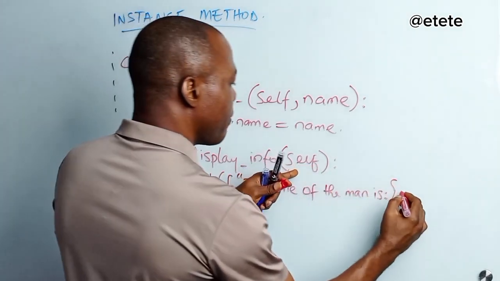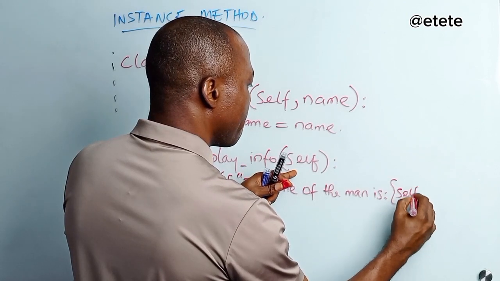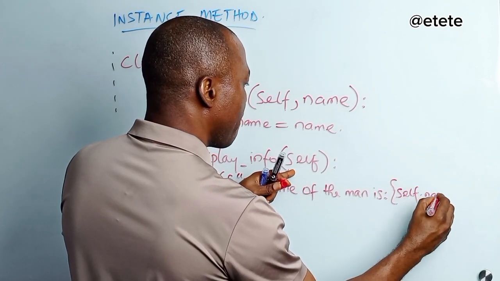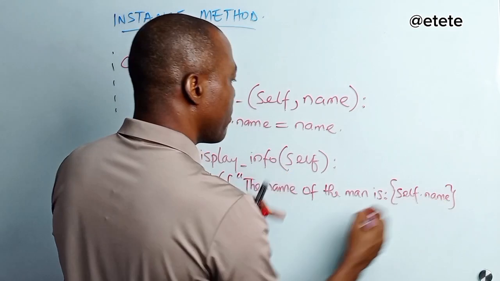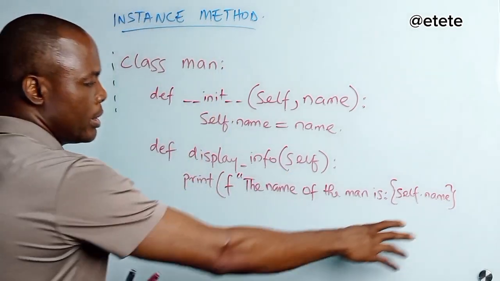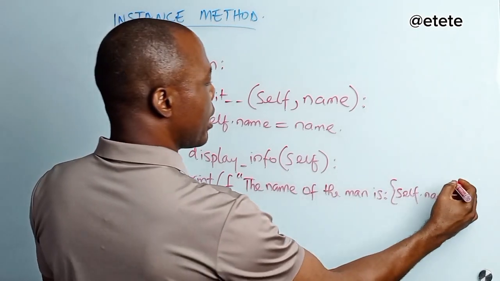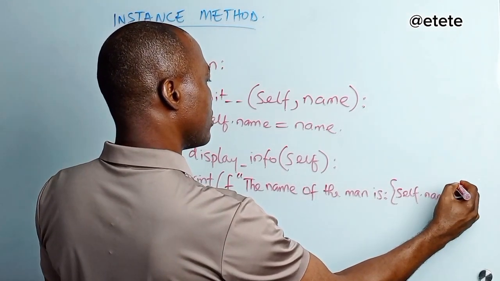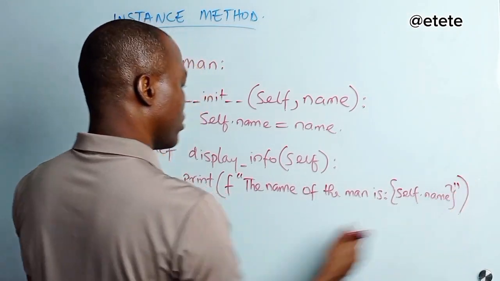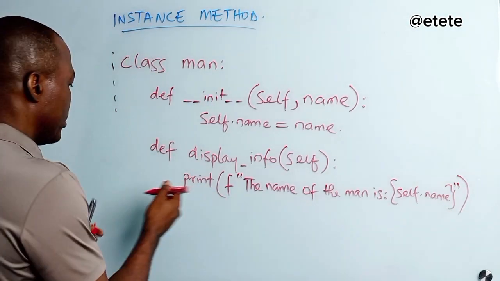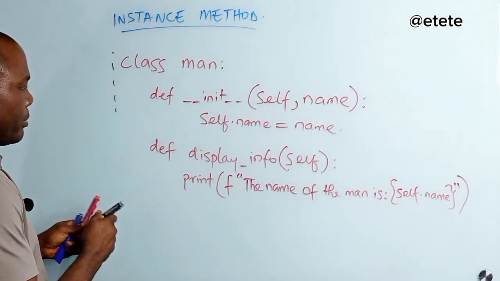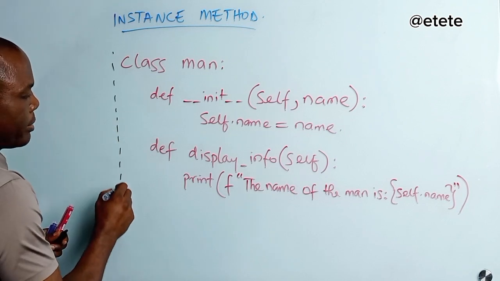Then self dot name, right? So this is it. Now this is what is going to print, and I will have to put this quote here, and then I'll close the bracket. So this is my class.